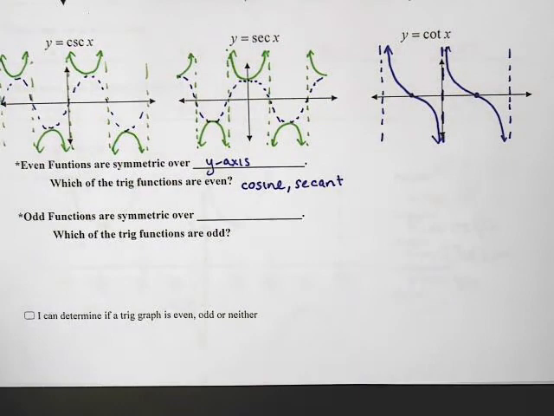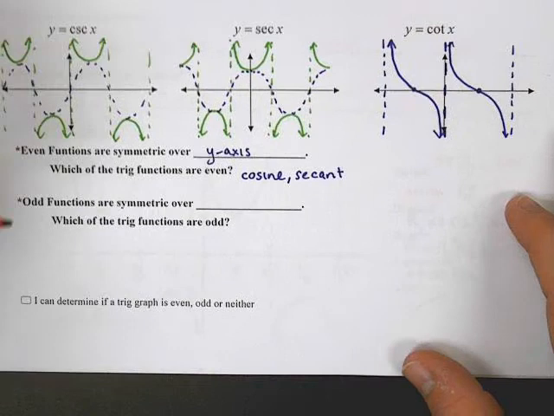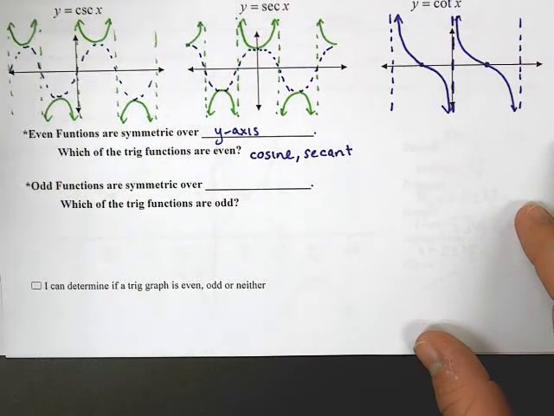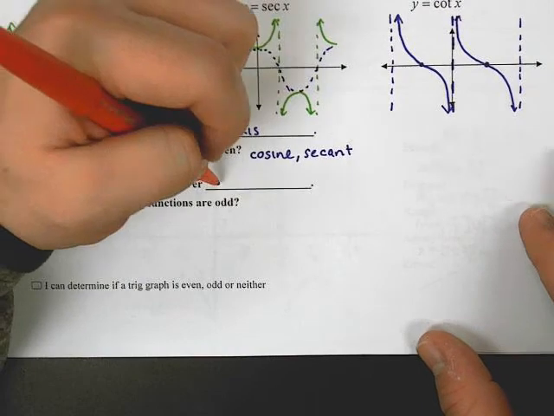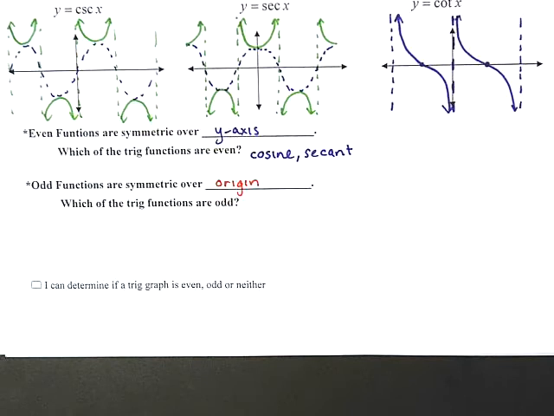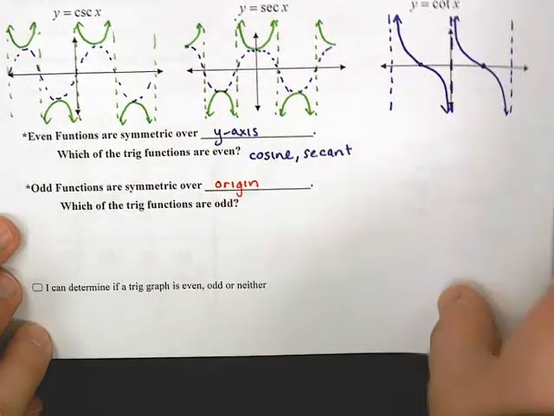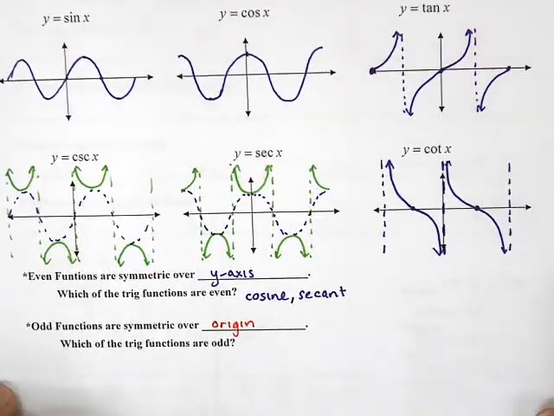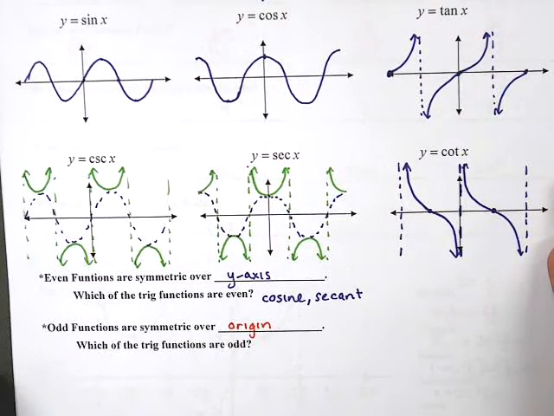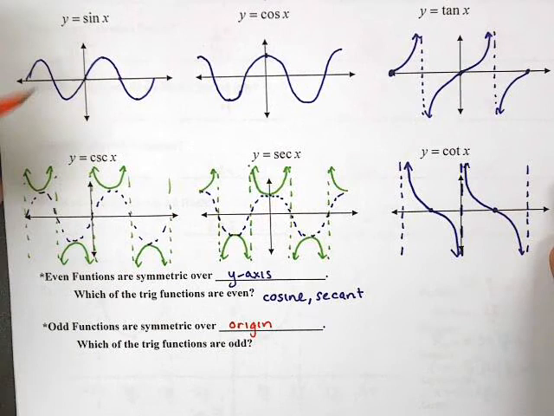And then when we take a look at odd functions, those are the goofy ones. We have to remember that means they have origin symmetry, or maybe 180 degree spins. So if we take a look here, maybe at sine, if we spin our paper 180 degrees, is it the same? Absolutely.